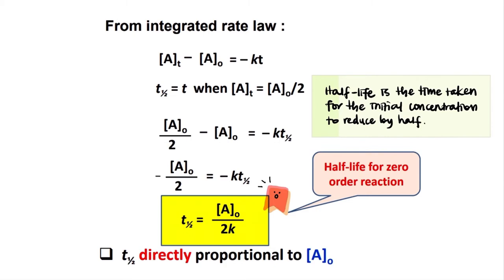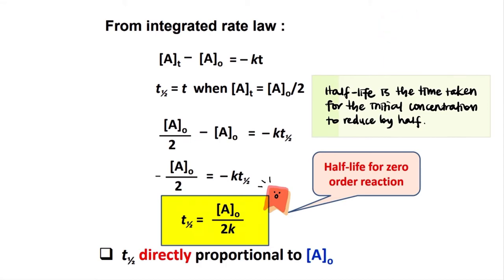From integrated rate law, you can also find your half-life. So what is half-life? Half-life is the time taken for the initial concentration to reduce by half. So A0 is your initial concentration. So the first half-life, your A0 will reduce by half.